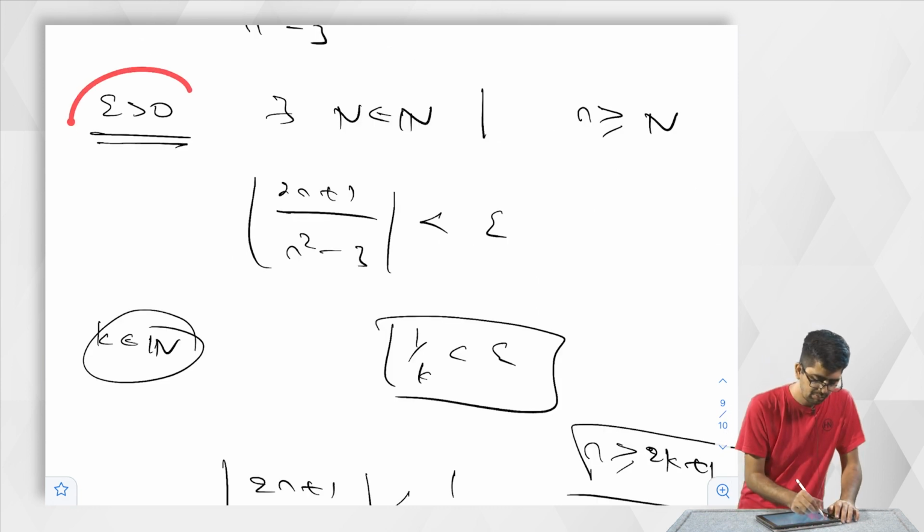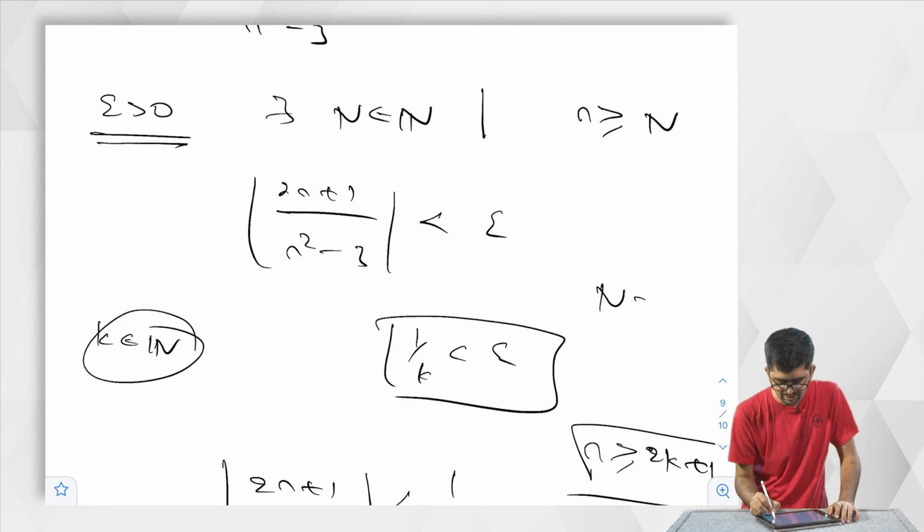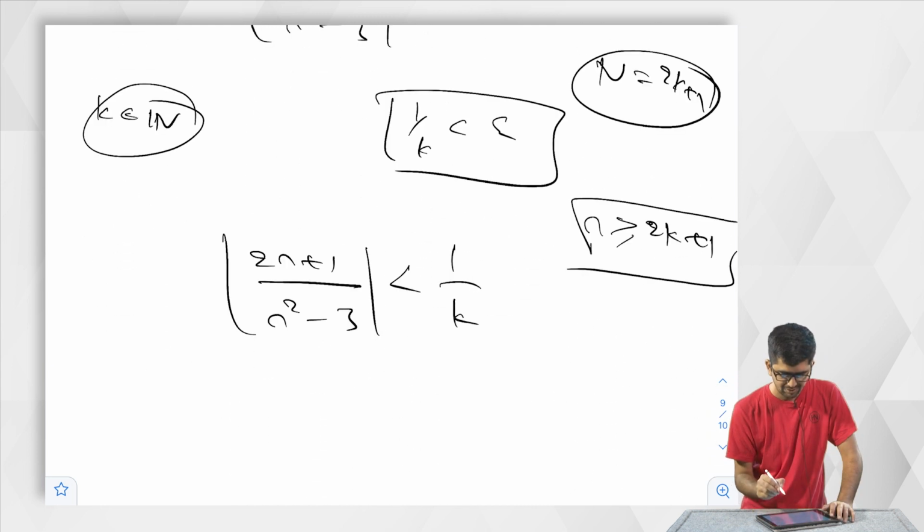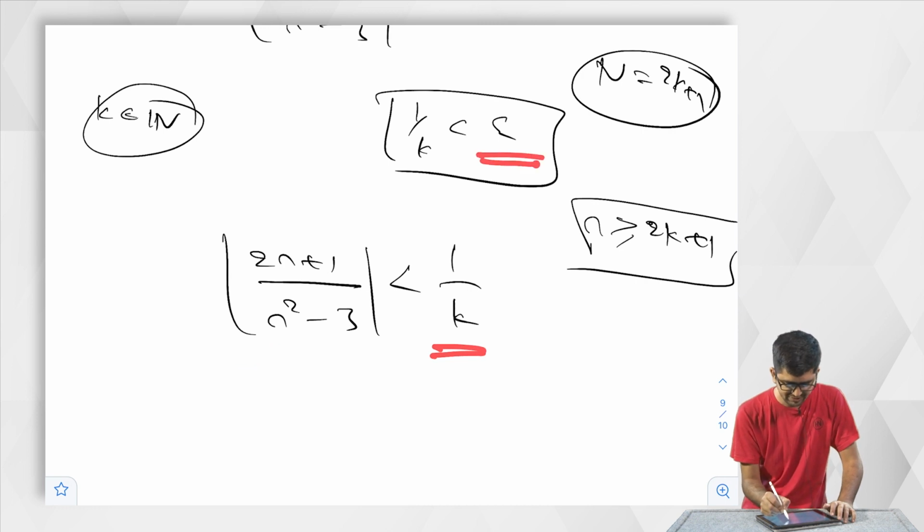So given epsilon positive, we have N equal to 2k+1 such that for every n greater than or equal to N, we have (2n+1)/(n²−3) less than 1/k, which is less than epsilon.